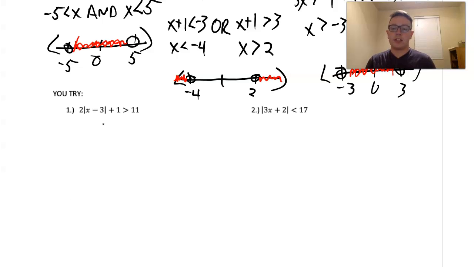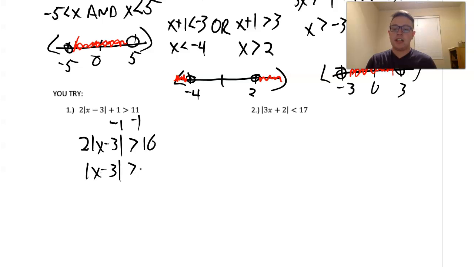For this first one, we're going to subtract 1 from both sides. We're left with 2 absolute value of x minus 3 is greater than 10. We're going to divide by 2. So this gives us x minus 3 is greater than 5. This is greater than, meaning that it's going to be or. Right? We want things to be on the outside, the exterior of this.